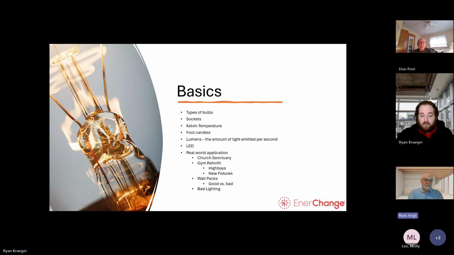Then I'll briefly touch on exterior. It's generally wall packs, but I can show good versus bad. And I have a couple slides of bad lighting, that in one instance made it into the local news because of the very specific problem with the LEDs.